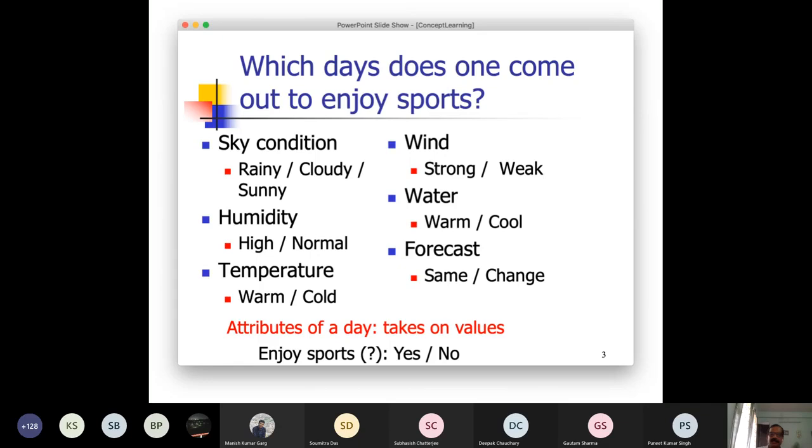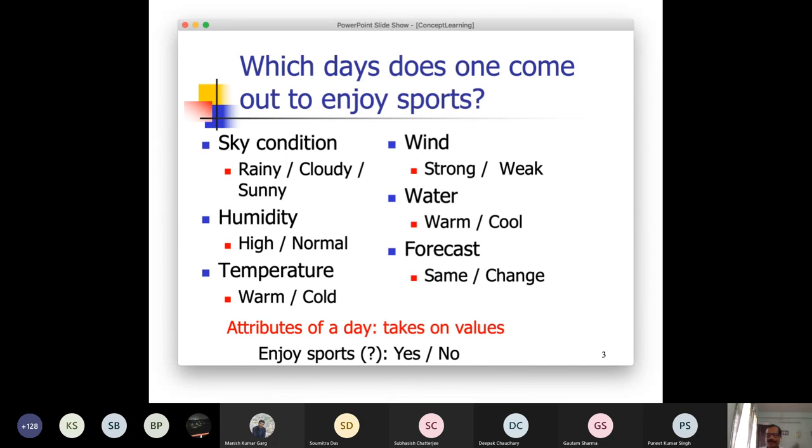For each one, we are adding 2 more symbols, 2 more attribute values: one is don't care, another is null. So for sky condition, how many literals are possible in the hypothesis space? 5. For humidity, it is 4. Temperature, it is 4. Wind, it is 4. Water, it is 4. And forecast, it is 4.